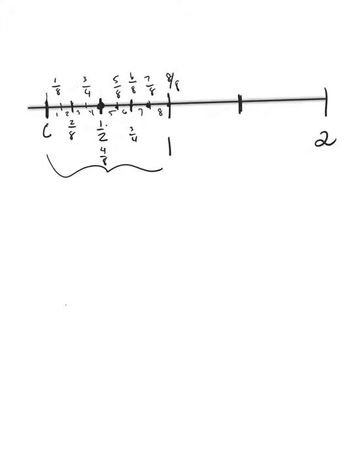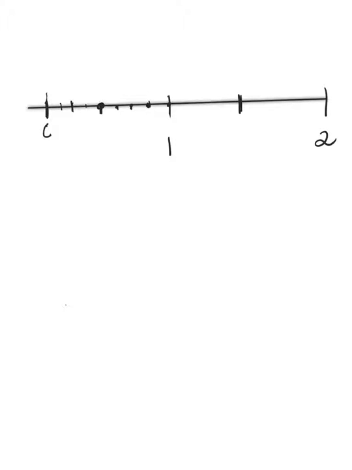Now let's go a little bit further. Bear with my eraser. I don't want to erase anything important. Okay. Now what if I go in and I mark all those in half?